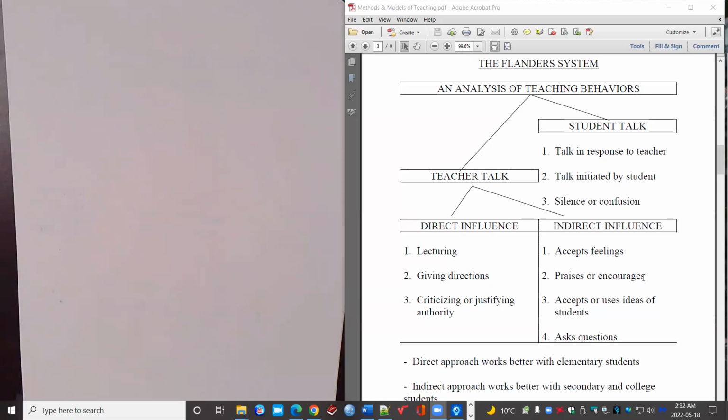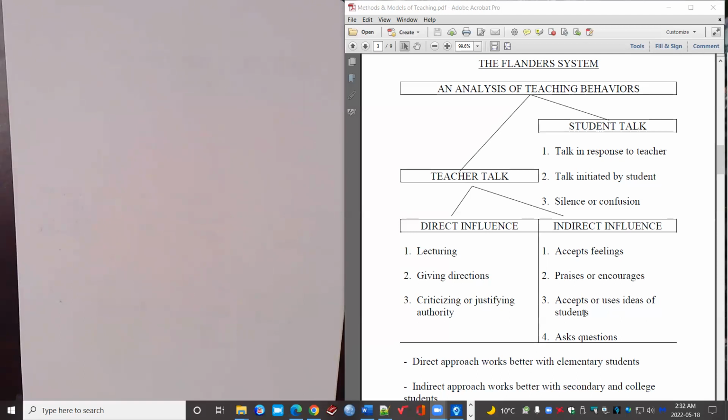Praises or encourages: the teacher praises or encourages students' actions or behaviors. For example, nodding the head, or the teacher says "go on," just to encourage.